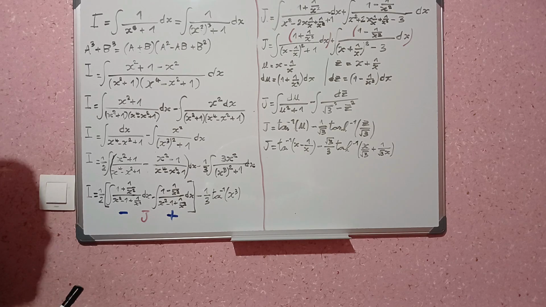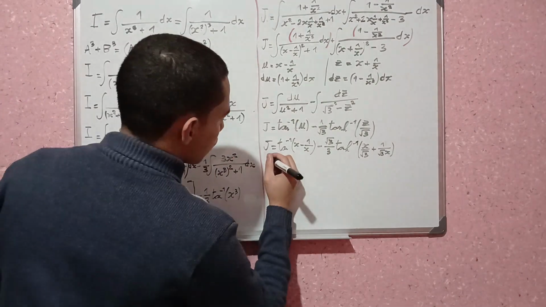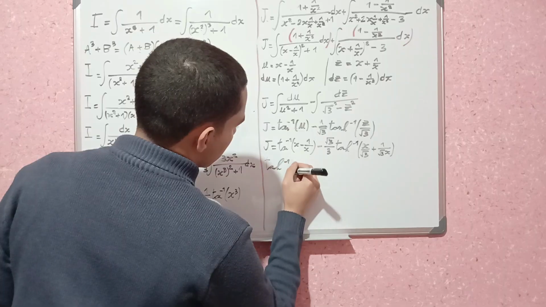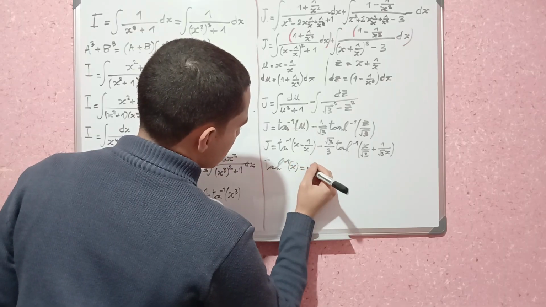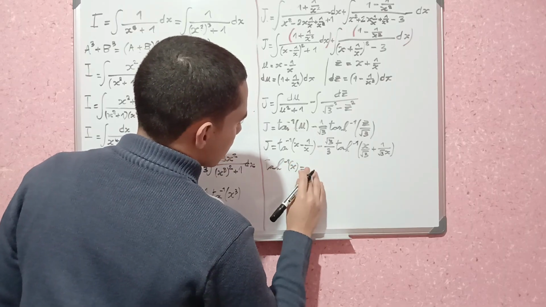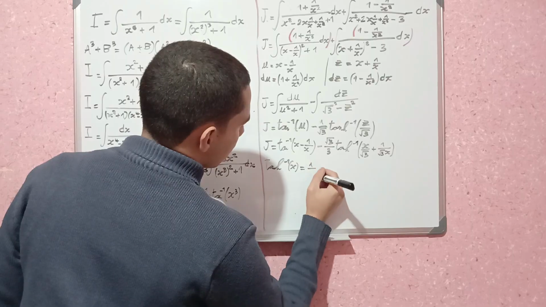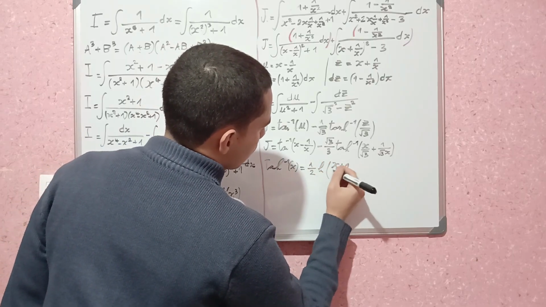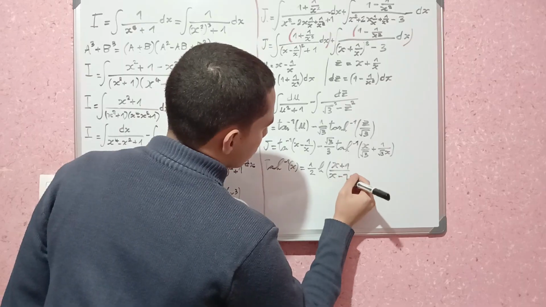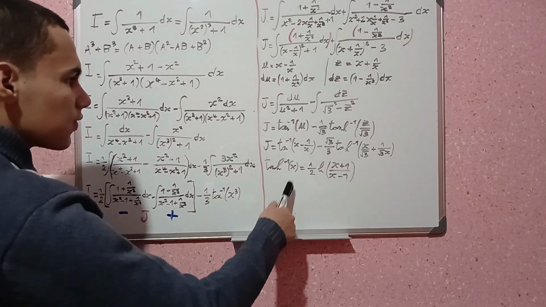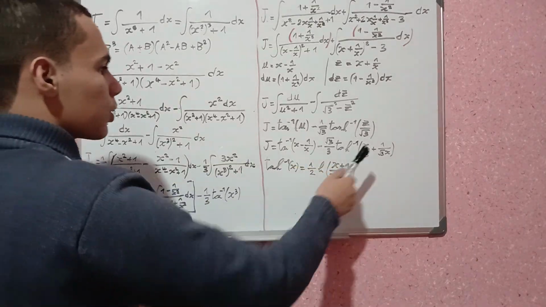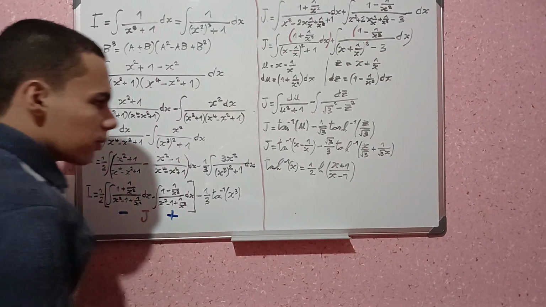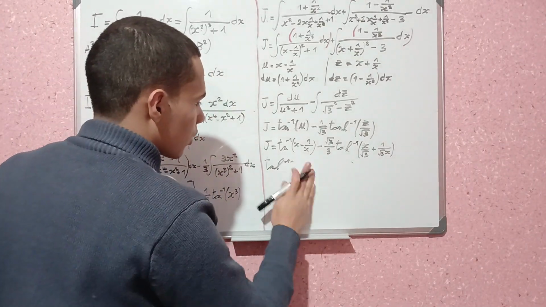Alright, we also have a rule, which is the inverse hyperbolic tangent of x equals 1/2 of ln of x plus 1 over x minus 1. So we can use this fact for writing the inverse hyperbolic tangent in terms of the natural logarithm.